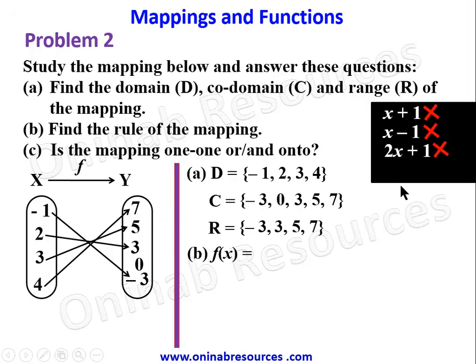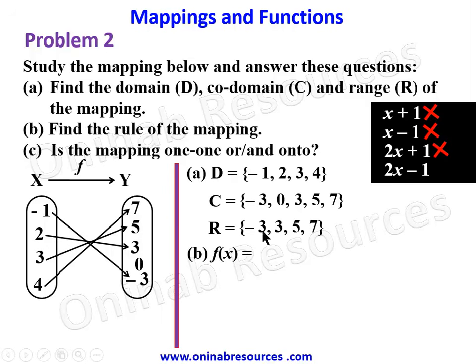Let's look at 2x minus 1. When x is -1, 2 times -1 gives -2, minus 1 gives -3, correct? We can now go ahead. It might work for one element and might not work for the other element.